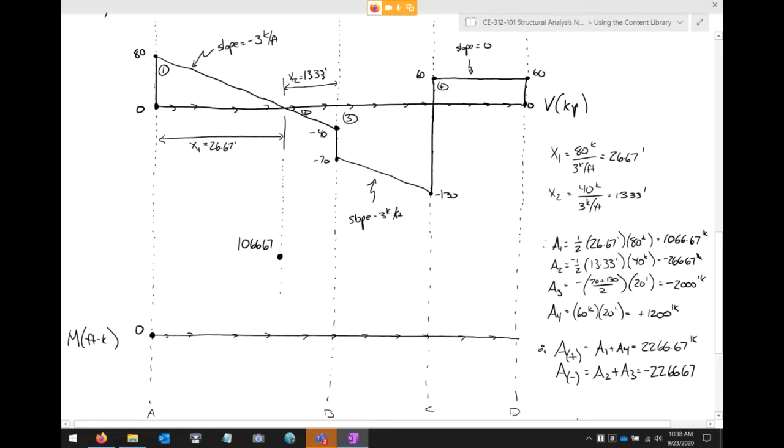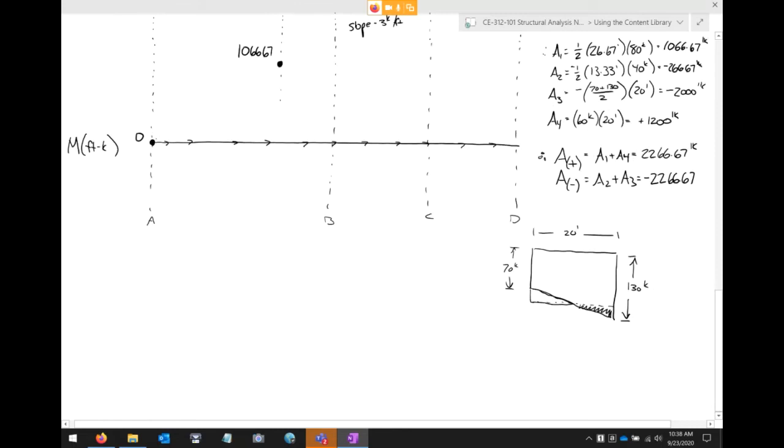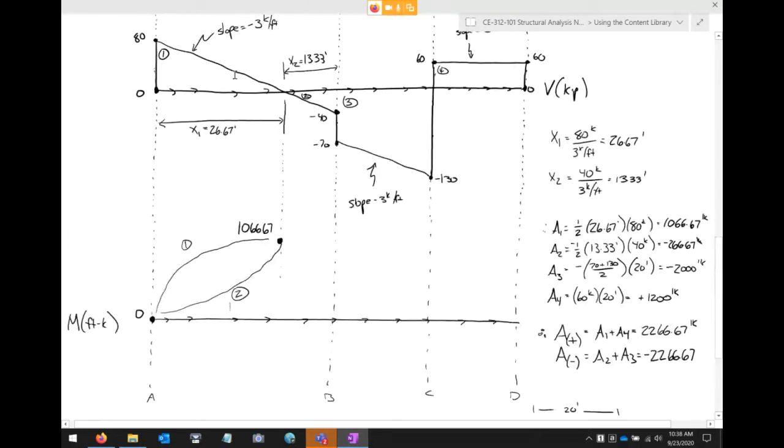Let me scroll down and draw that a little better. I'm asking chat, help me out. Which is it, option 1 or option 2? Does it curve up like 1 or like 2?